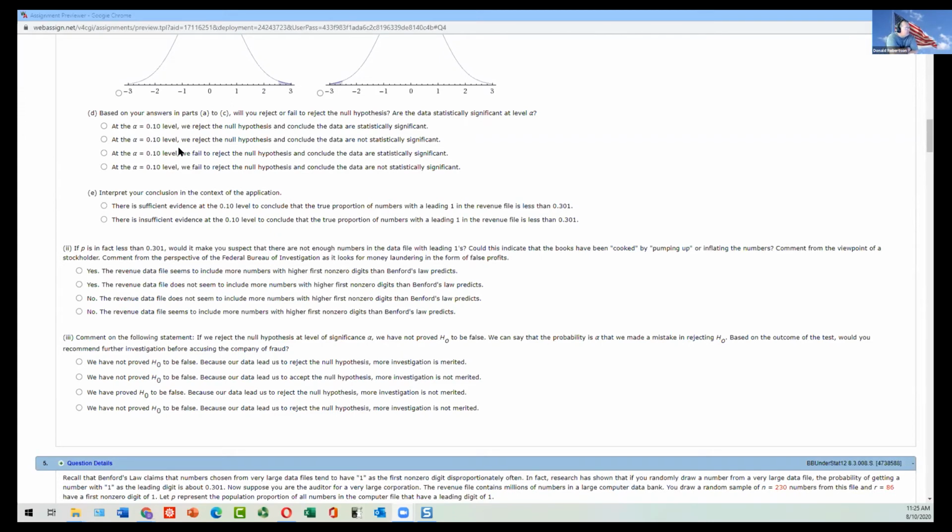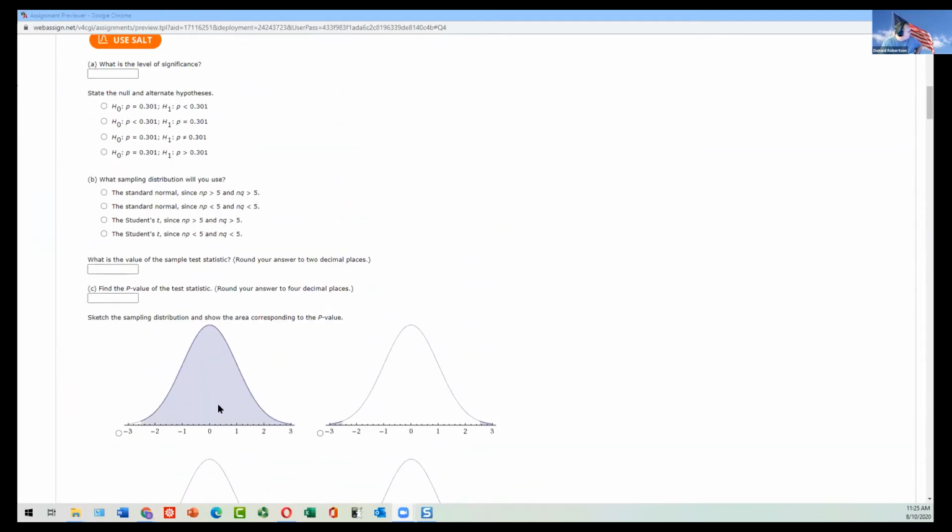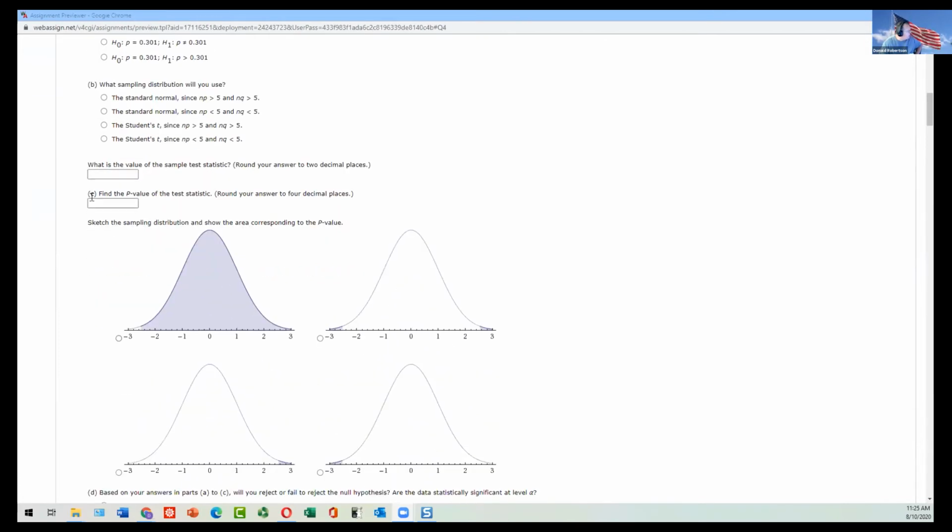Now, if you reject it, doesn't that mean the data is statistically significant? And if you don't reject it, then it's not statistically significant. So to be able to do this question, I need to know some of the earlier answers. Do you have a p-value that I can use? If not, I'll pretend I know one just to do the question.